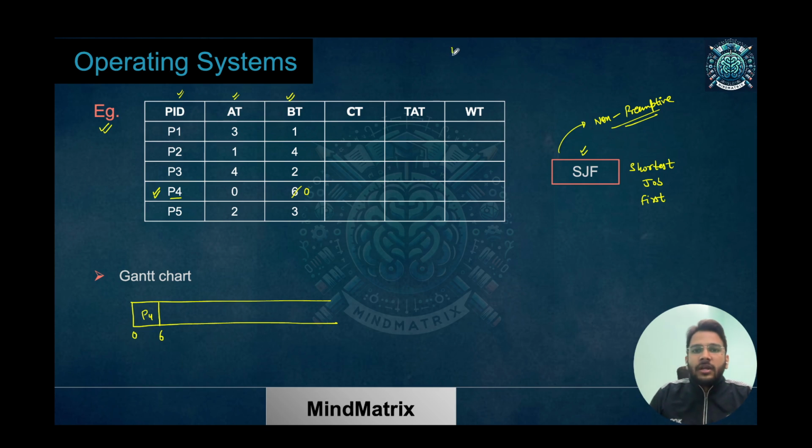Now we need to see the burst time, and the process with the lowest burst time is scheduled first. Comparing the burst times of the remaining processes, clearly P1 has the lowest burst time. So we schedule it for 1 unit of time entirely. 6 plus 1 is 7. P1 has completed its execution.